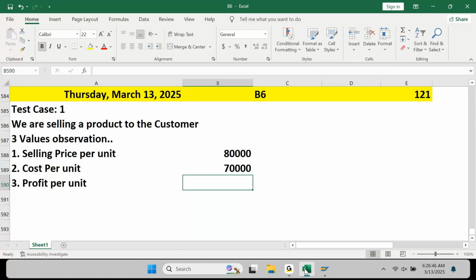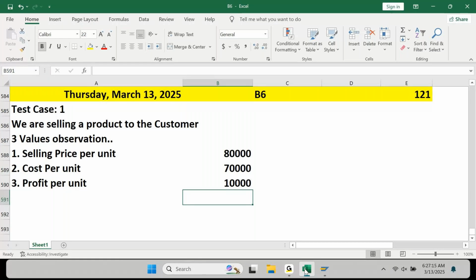What would be the profit? 10,000. In short, cost plus profit is equivalent to your sales, or sales minus profit is equal to your cost, right? These 3 numbers will play with each other in different directions. And from any sale that you're talking, you must know these 3 points.